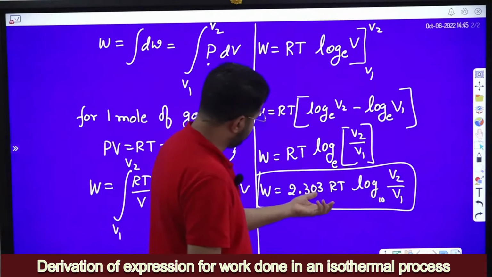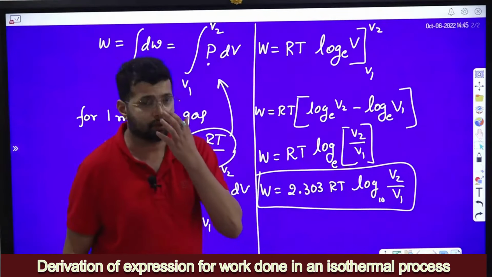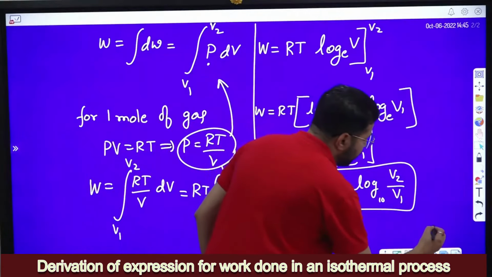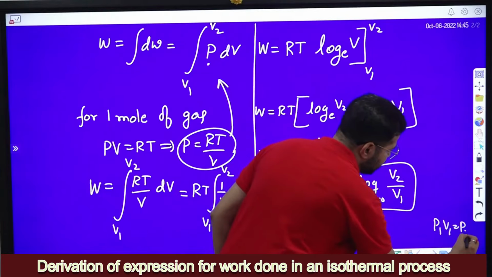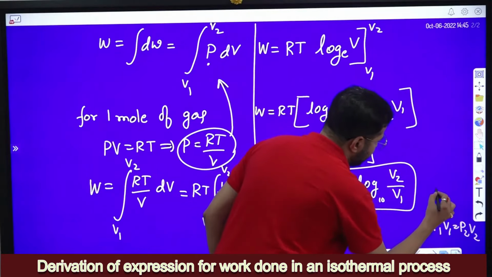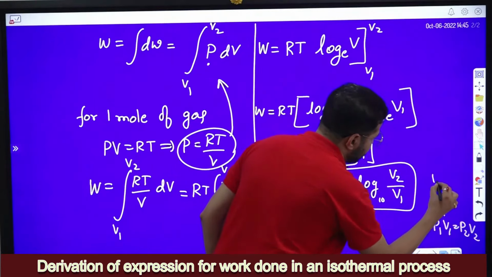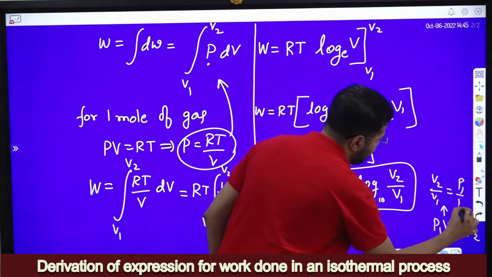Now, we can write the expression for work done in terms of pressures also. From Boyle's law, we know that P1 V1 is equal to P2 V2, or we can write V2 by V1 is equal to P1 by P2.